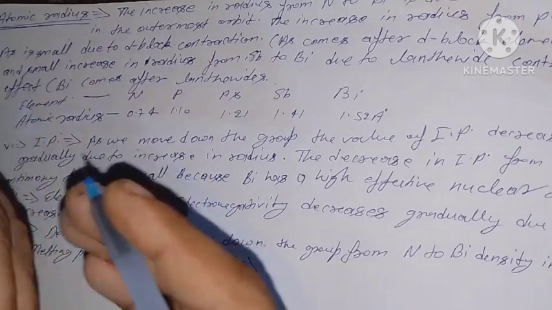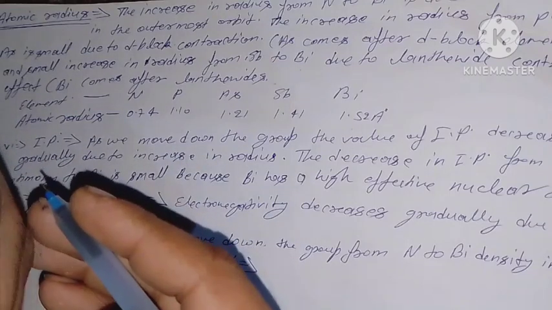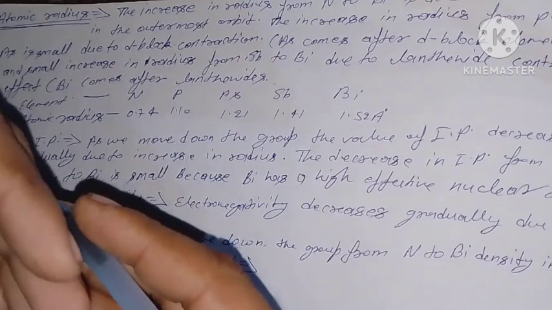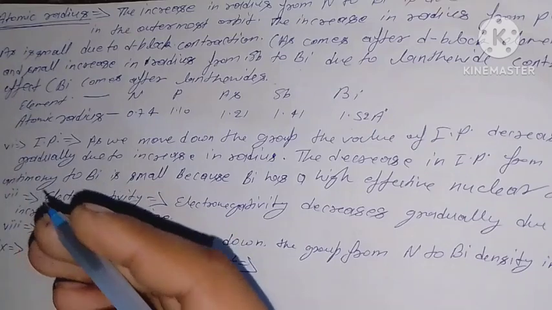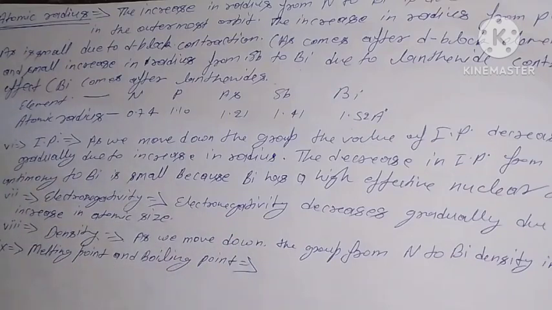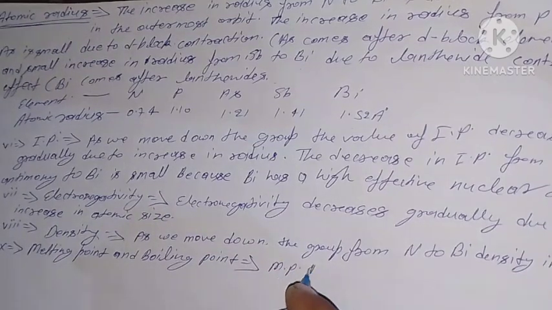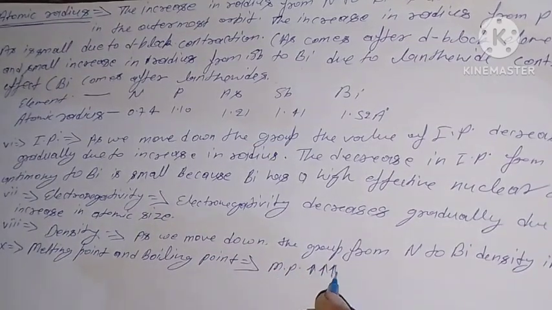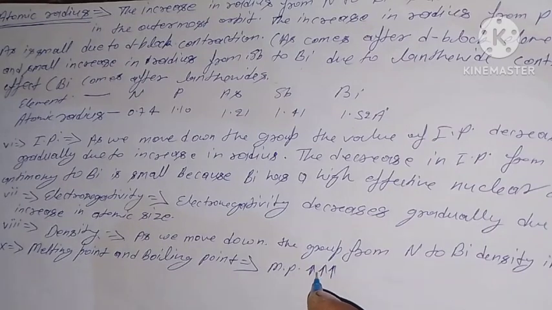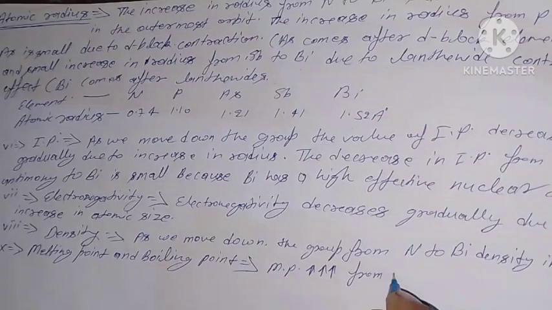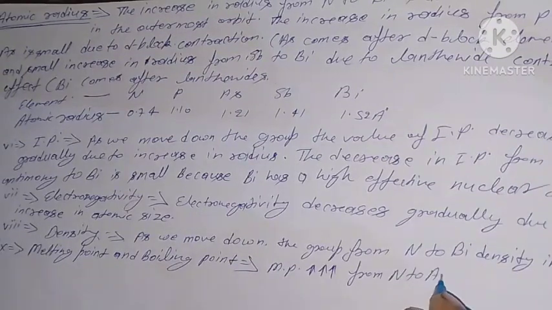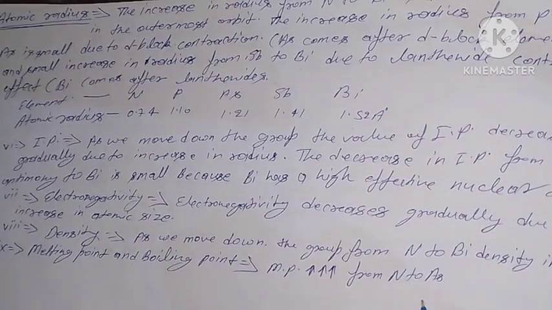Melting point increases from nitrogen to arsenic and then decreases.